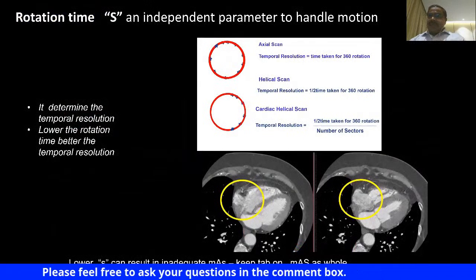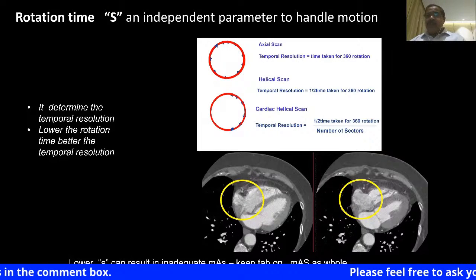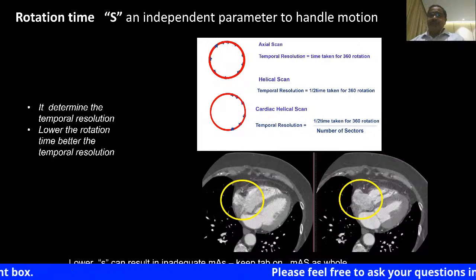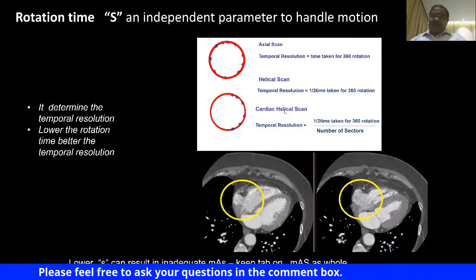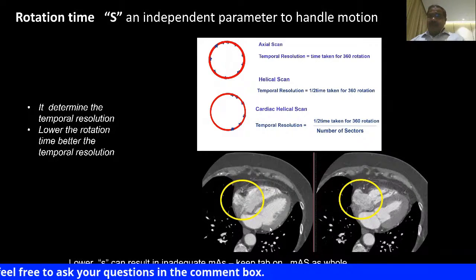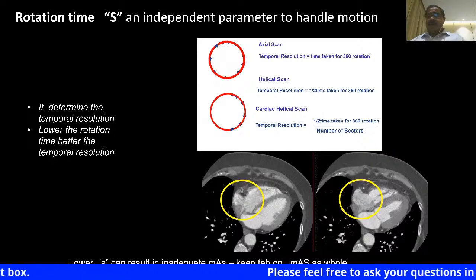We have dealt so far with MAS as a single parameter, but the S also has its own importance, especially when you image a moving organ like the heart, where a shorter rotation time will improve your temporal resolution, which is very important in capturing the moving heart.